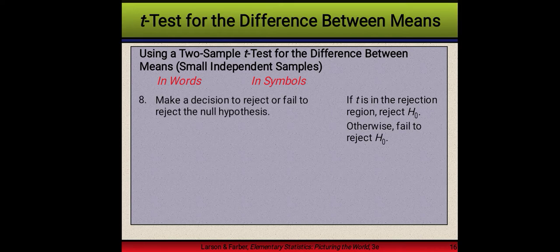Since you have calculated already, you can now determine whether it is rejected or failed. Ninth, interpret the decision in the context of the original claim. Since there is a claim and you have calculated already, you can now interpret whether it is rejected or failed.